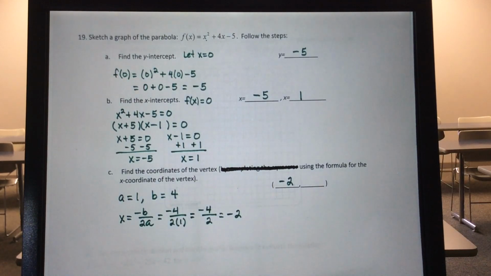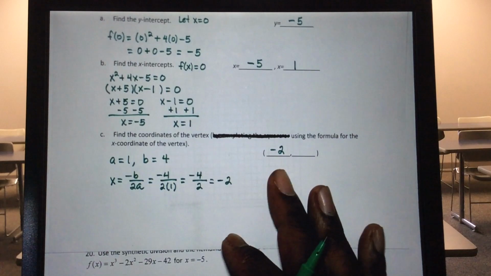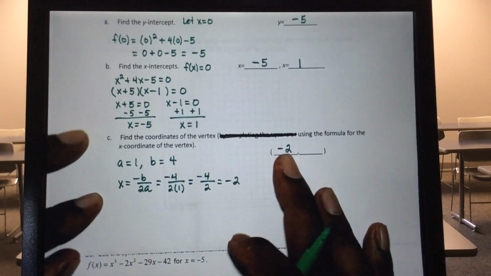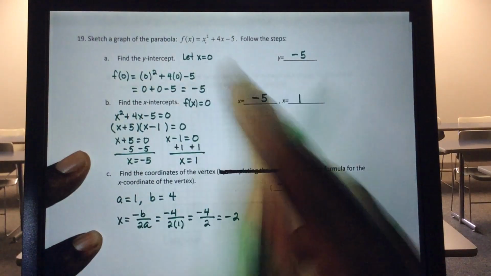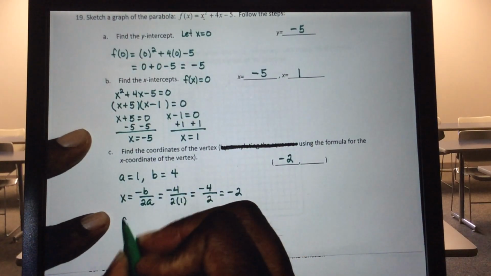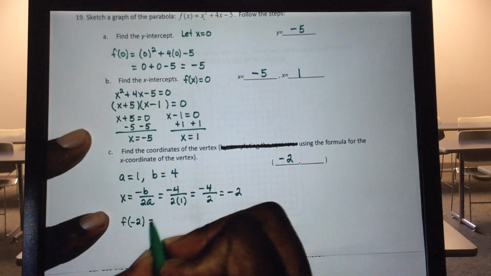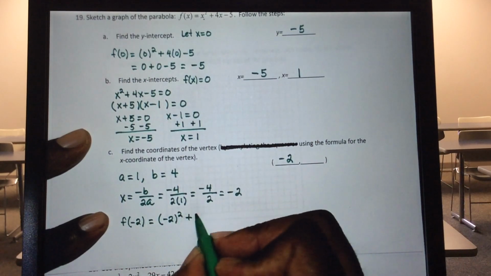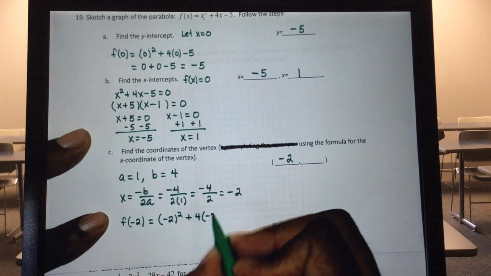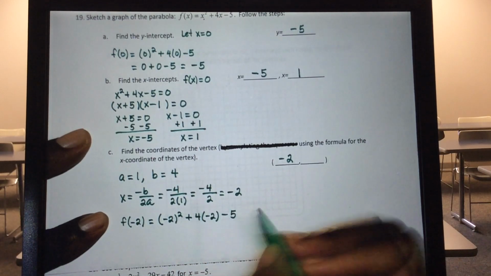Now to find the y-coordinate of the vertex, I need to take that negative 2 and substitute it for x in this f of x function up here. So here f of negative 2 will be negative 2, and that's squared, plus 4 times negative 2, minus 5.